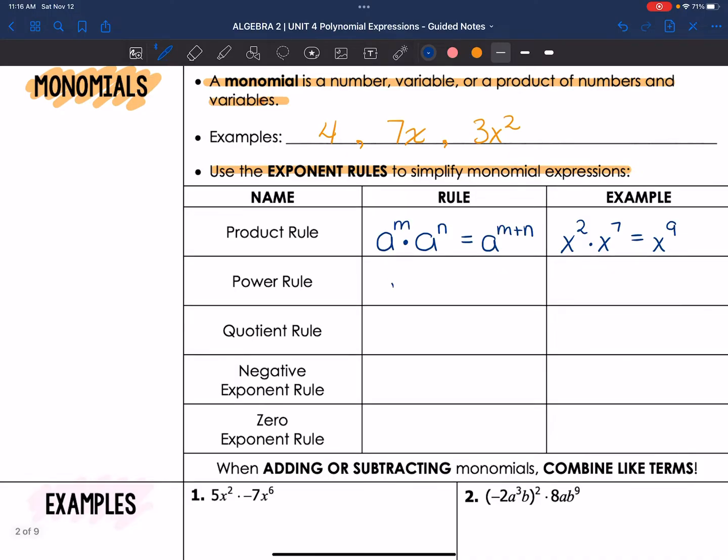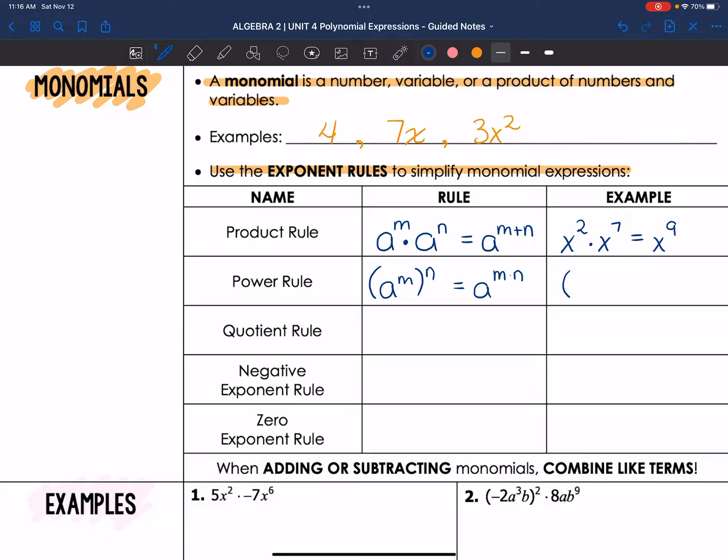The power rule applies when you have a power, like a to the nth power raised to another power. In that case, then you're going to go ahead and multiply your powers together.